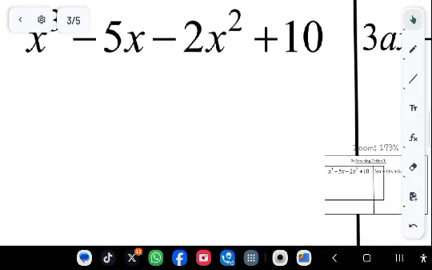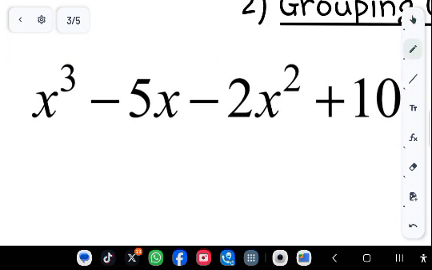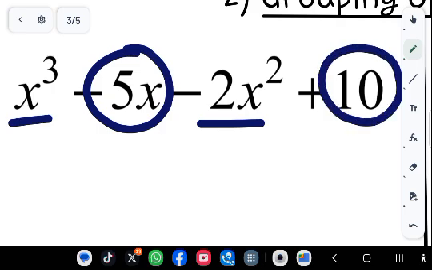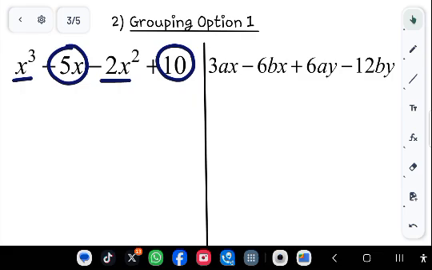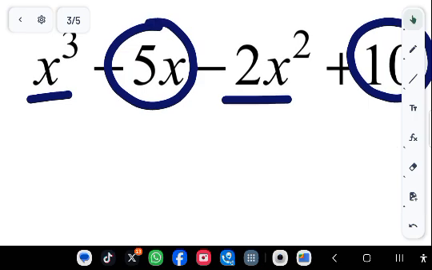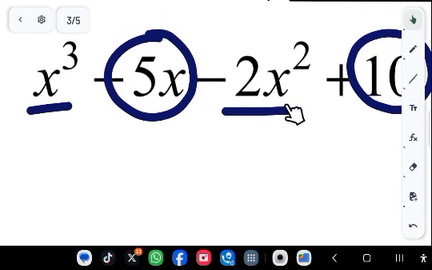In the first one, we identified that x cubed and 2x squared have got a common factor, and in the other one we also notice that 5x and 10 have a common factor. What are those common factors? Here is how you then work with those common factors. So the common factor between these two is x squared.